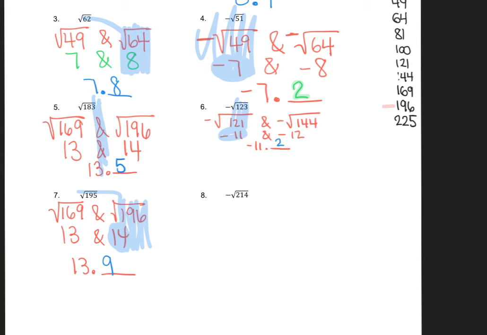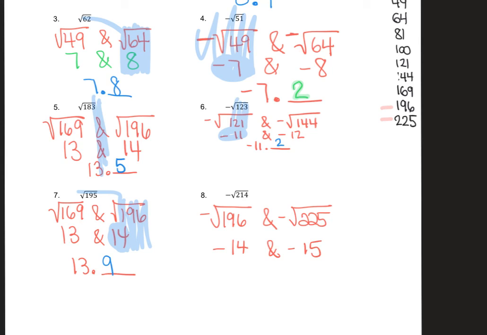All right, and then the last one, -214. We're in between -196 and negative 225. So we're negative 14 and negative 15.